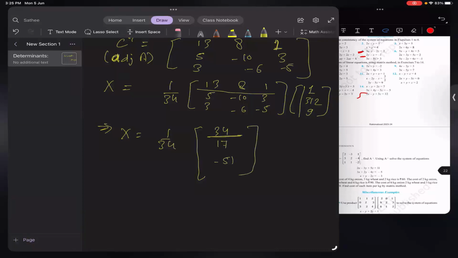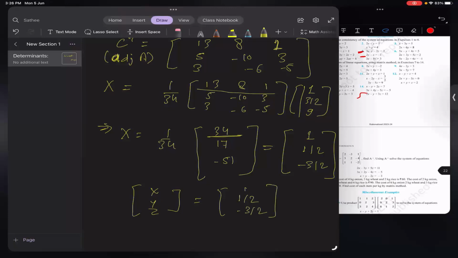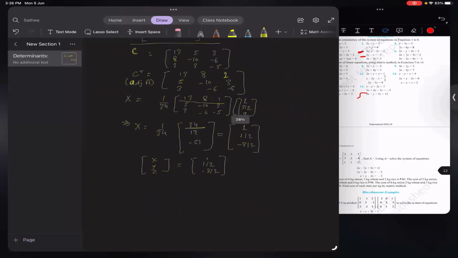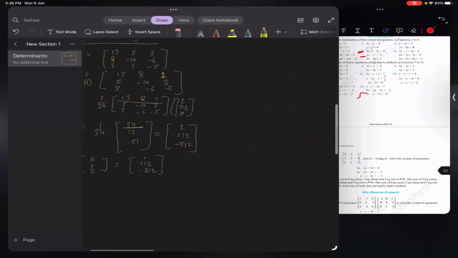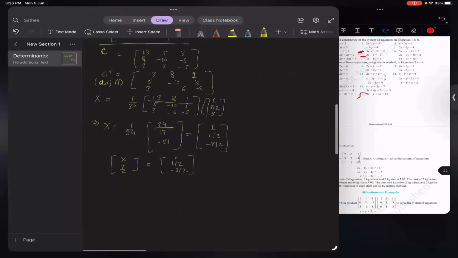With the division of 1 by 34, this would be 1, this would be 1 by 2, and this would be minus 3 by 2. So our final matrix x, y, z is simply equal to 1, 1 by 2, and minus 3 by 2. This is finally our solution matrix, and this is how we get the solution for this problem.